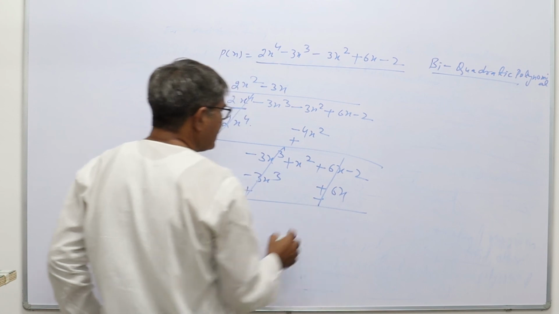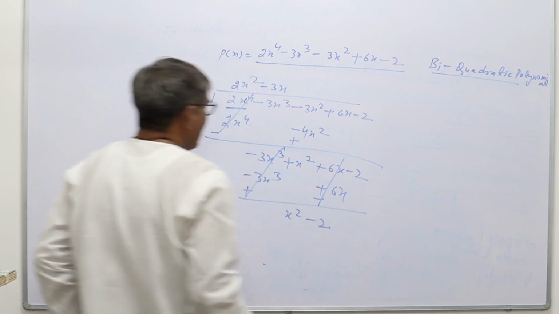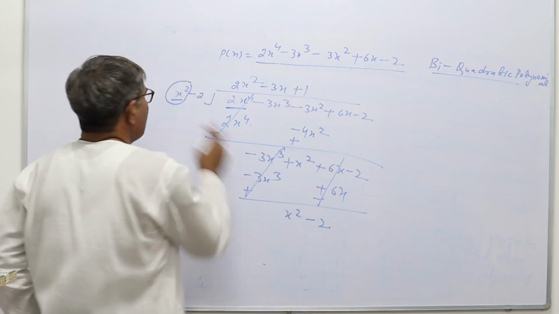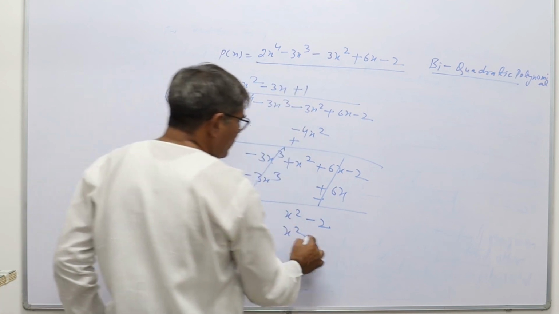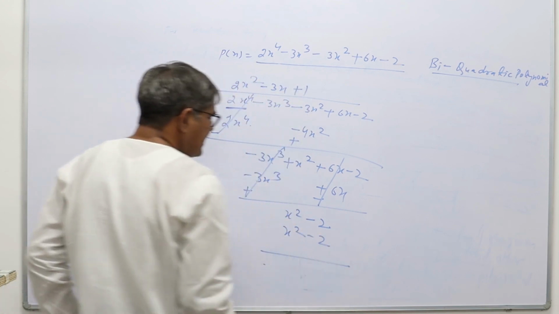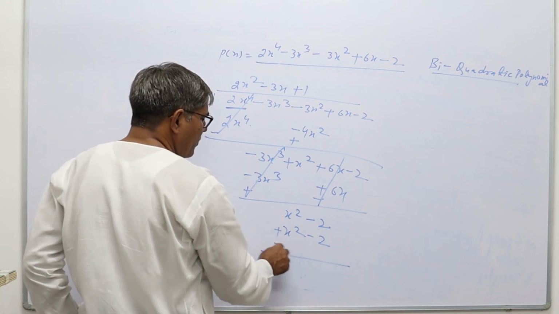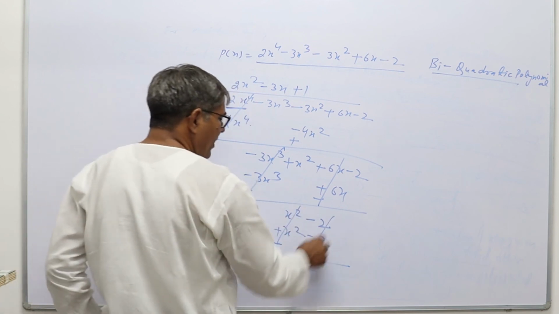This will also cancel out. So remaining is x square minus 2. Again now we will multiply by plus 1. So plus 1 into x square is x square, plus 1 into minus 2 is minus 2. Again subtract; for subtracting, change the sign. So these two terms will be cancelled out.